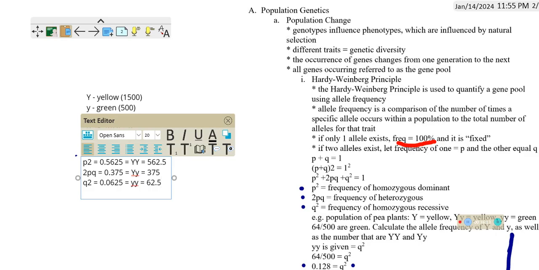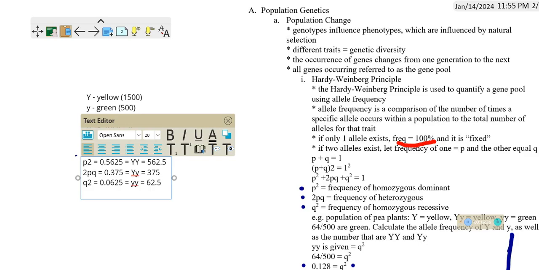Again, I just multiplied each of those frequencies by 1,000. And if I add all three of these up, what we're going to see is that we end up with 1,000. All of them are now accounted for.